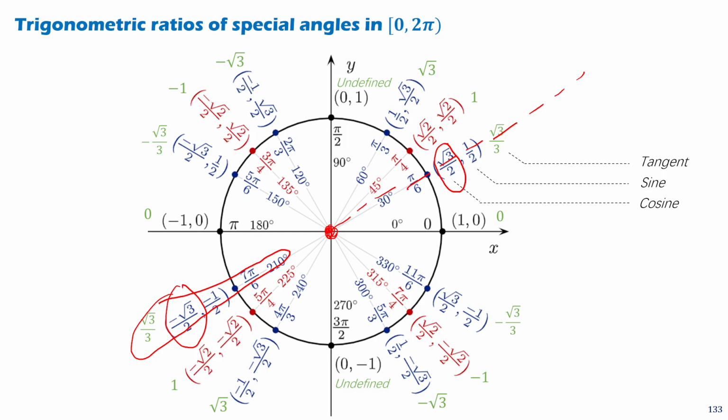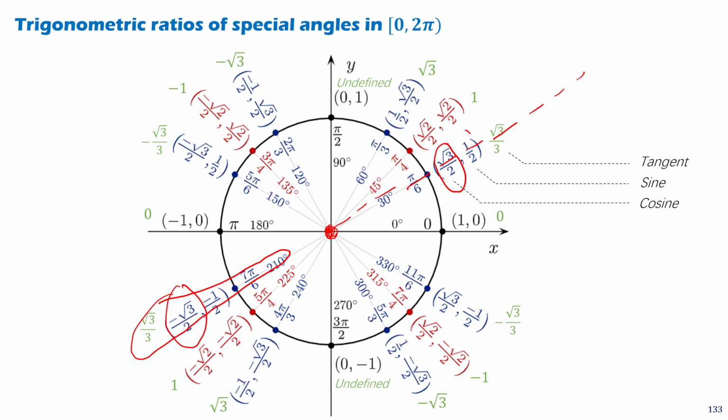And their cosines are also opposite to each other, which is square root 3 over 2 for pi over 6 and negative square root 3 over 2 for 7 pi over 6, right?